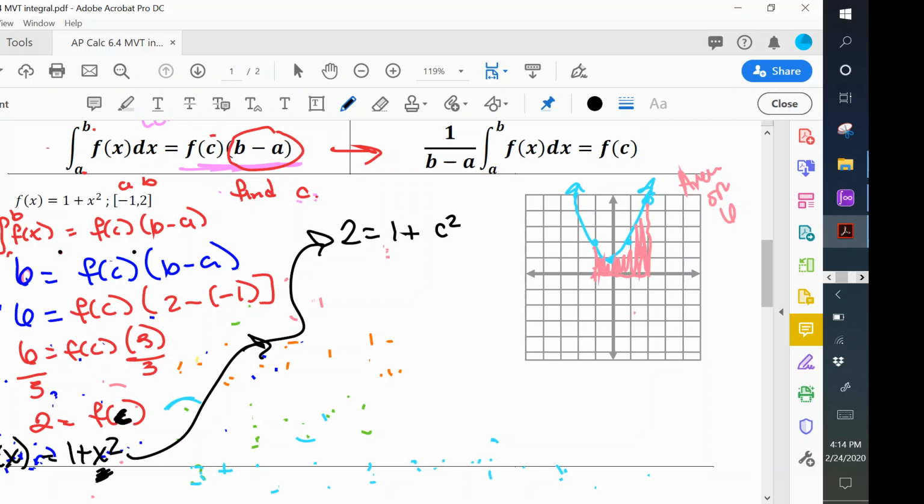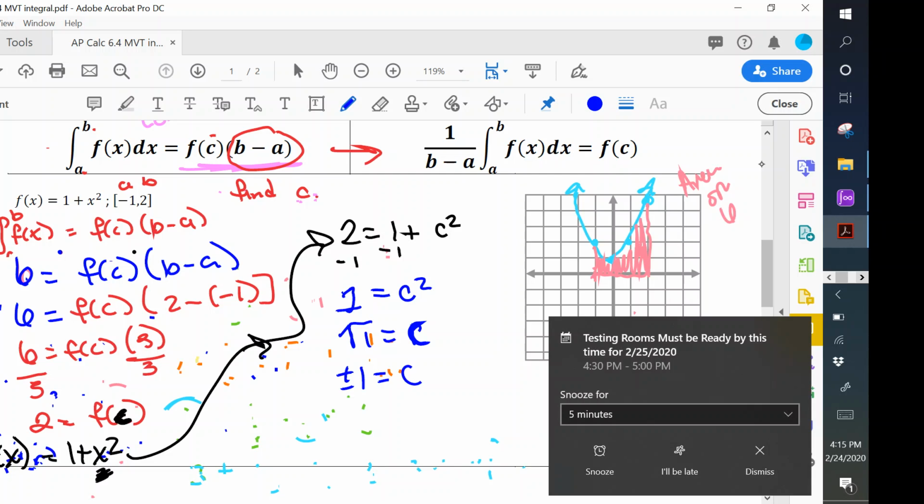We subtract 1, we're solving for c, so 1 is equal to c squared. So c is the square root of 1, so plus minus 1 equals c.